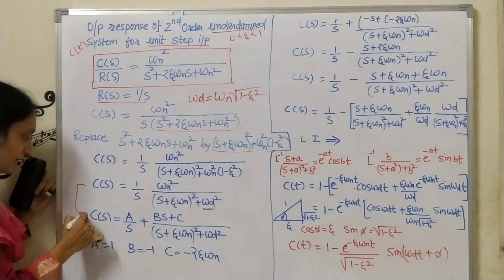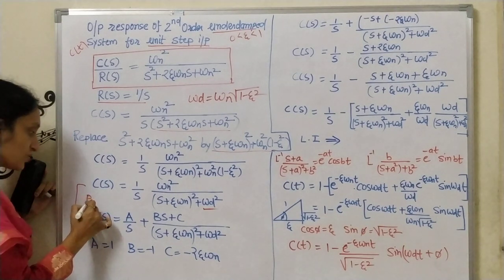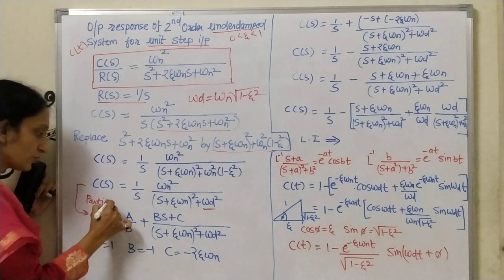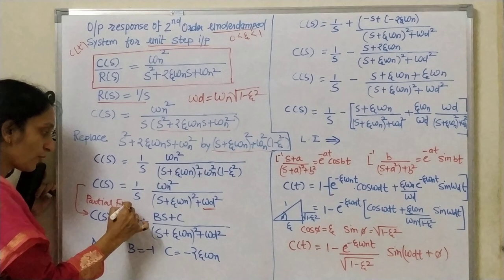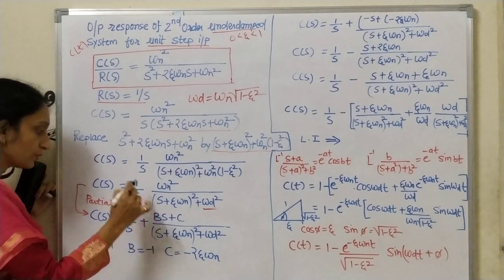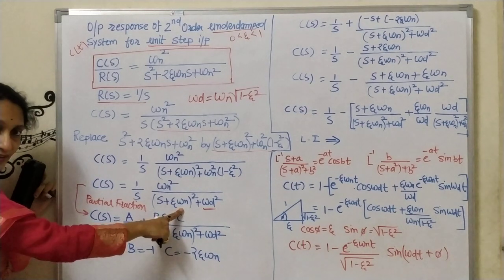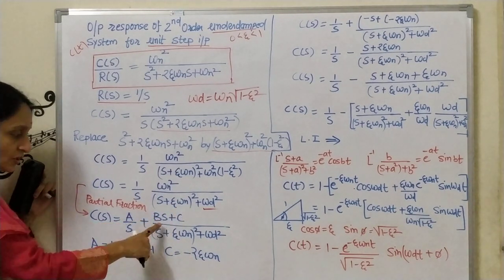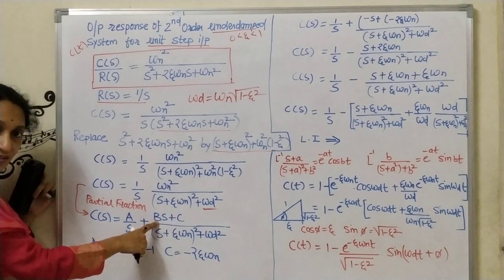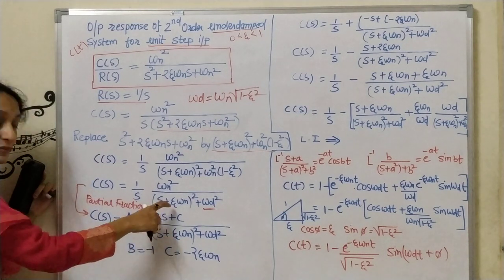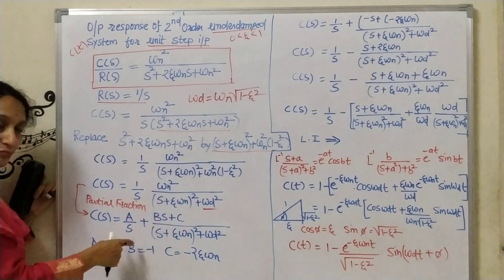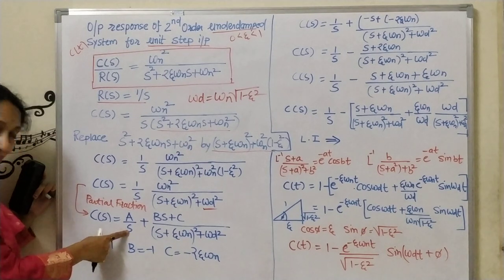Then I have rearranged this C of S in partial fraction form. You know how to calculate the values of constants. As this is second order, or a quadratic equation, I have written here Bs plus C. We know that if a quadratic equation is there, we have to rearrange partial fraction form like this.